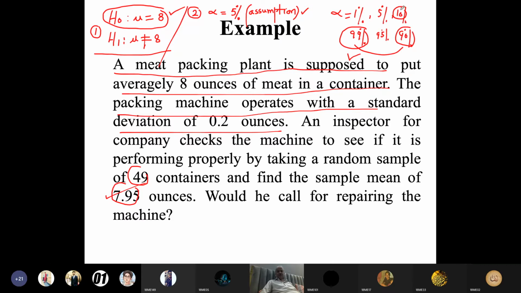But as far as the dealer is concerned, the dealer is on the safe side here at 10%. Here, when alpha is 1%, the dealer is in a little bit of trouble. Here, the dealer is comfortable. So in the market, the middle one, that is 5% level of significance, is acceptable to the dealer side as well as the customer side.